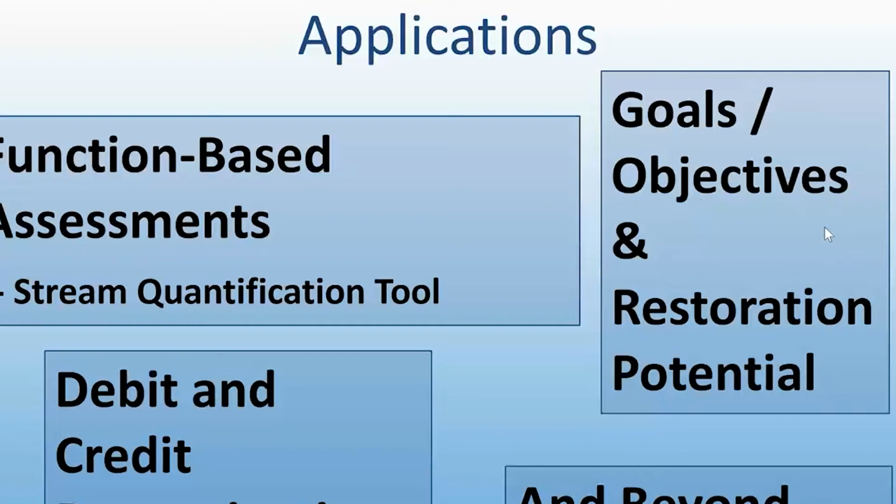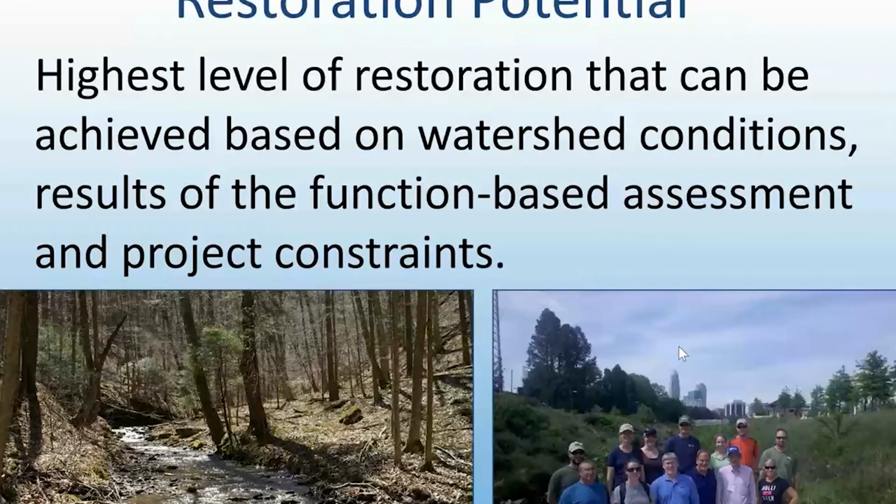Unfortunately, I'm not going to do much on the goals and objectives part today, but I do want to just mention the restoration potential to kind of end this presentation, because this is built into the SQT.